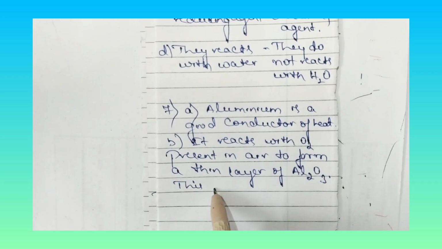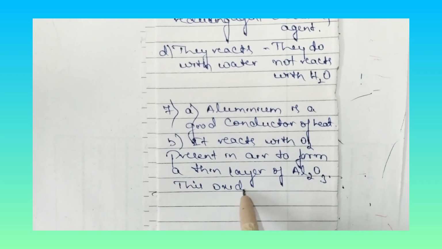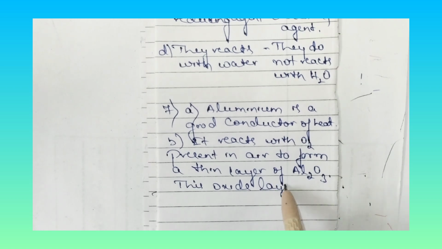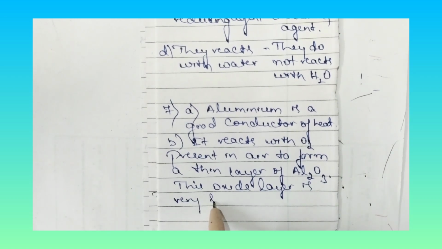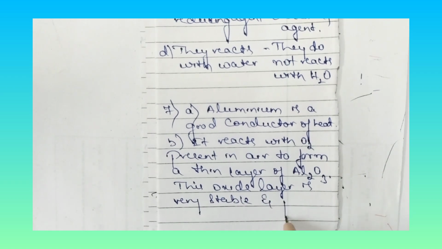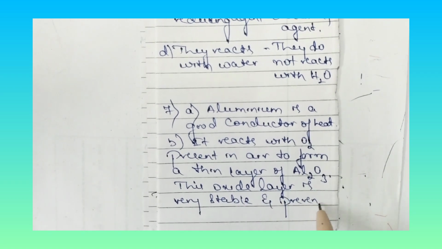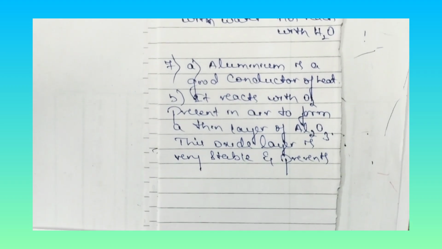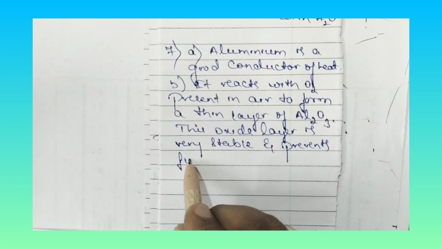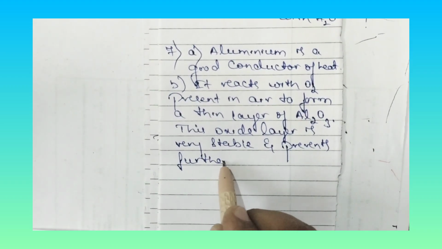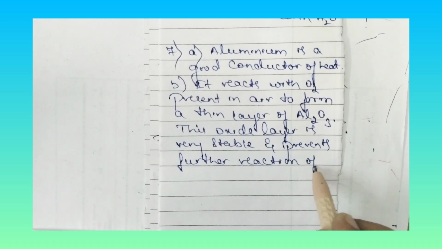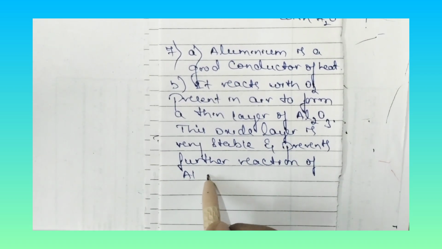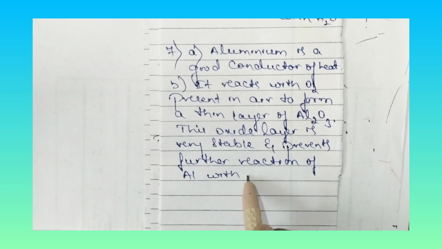This oxide layer is very stable and prevents further reaction of aluminium with oxygen.